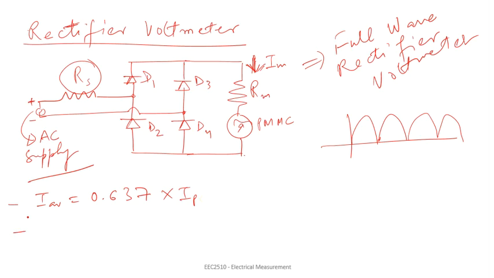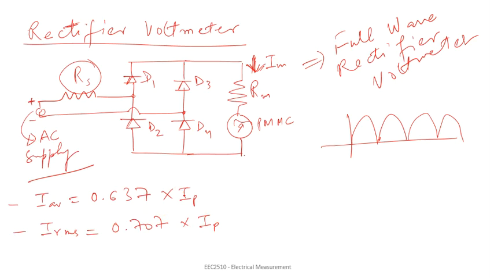But normally the actual current or voltage which is to be indicated in AC measurements is generally the RMS quantity, and RMS quantity is 0.707 of the peak value.